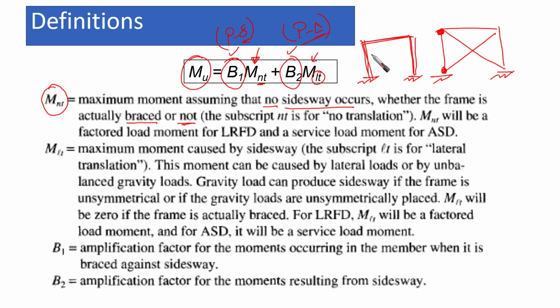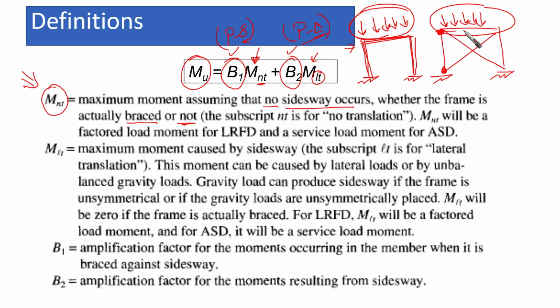Okay, so no translational means that even if we have translational load on this element, and we have gravity loads being applied here, the portion of the moment that is going to come from the gravity loads only, if we have gravity loads here, the moment that is going to come from this vertical gravity load, we are going to designate it with MNT.